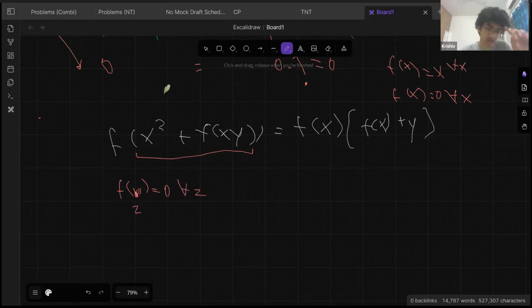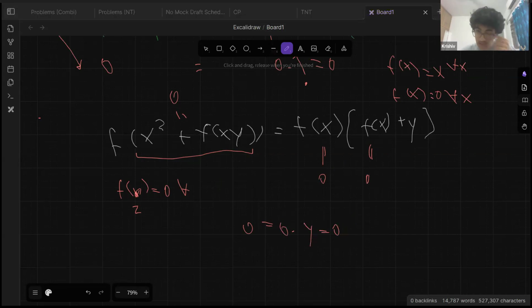Maybe the z and x is what's causing the confusion. But if this is z, then f of z is 0. In general, this will always be 0 because f is identically 0. No matter what value this takes, it will always be 0. And similarly, this will always be 0. And this will always be 0. So what we have is 0 is equal to 0 times y, which is 0. So it always works.